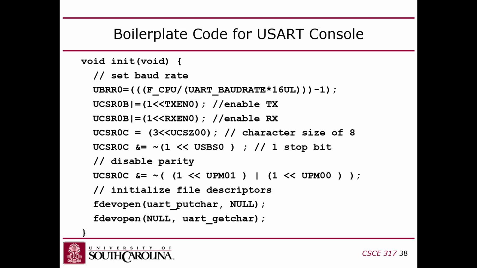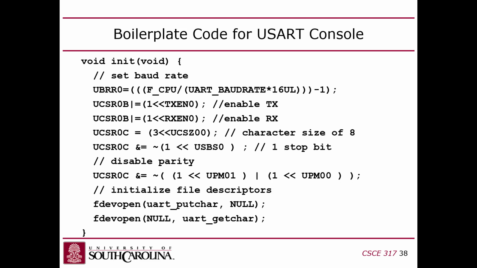He sets 1 stop bit, which requires that you put a 0 in one of those bits in the C register. It disables parity. And then this is the cool part. There's a function in the AVR library called fdevopen.